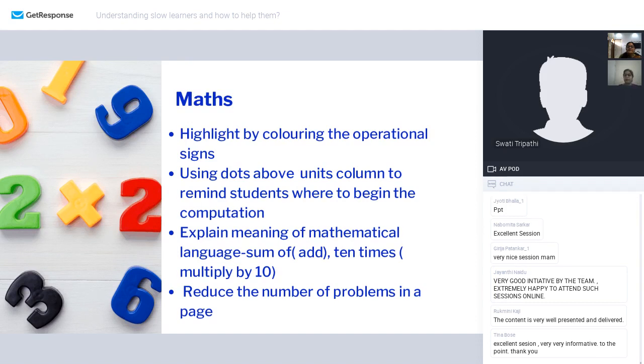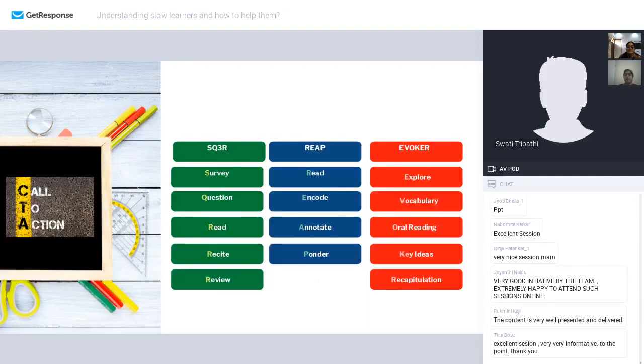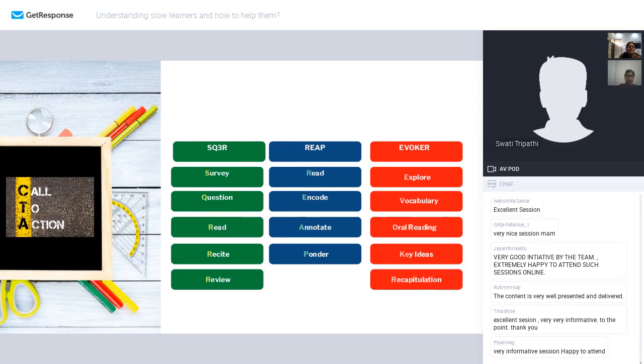Moving on to the next technique, which is mostly for reading, the SQ3R is a great reading method. Actually, it's for teaching reading, and it is the acronym for survey, question, read, recite, and review.